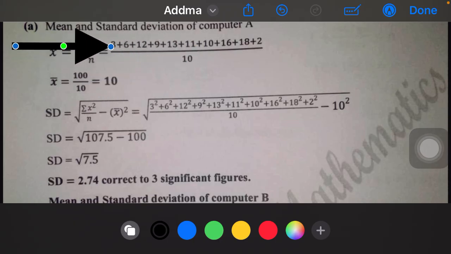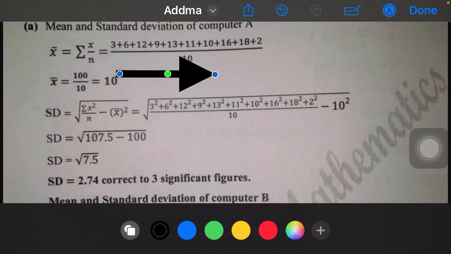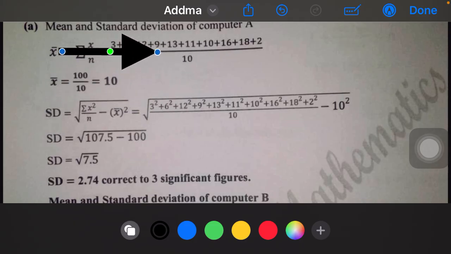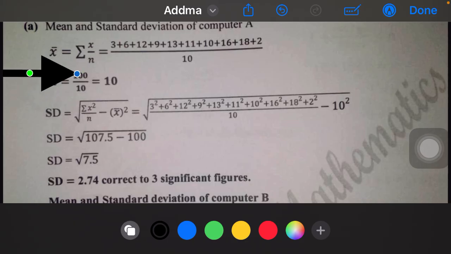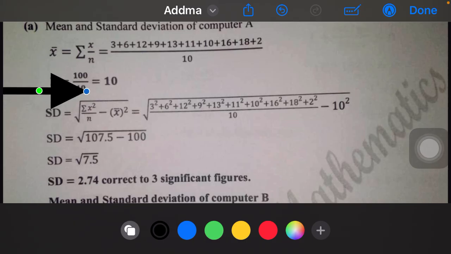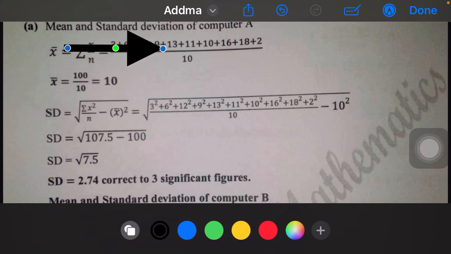You simply get all the terms given, add them, then divide by the total. After you do that, punching in your calculator, you're going to have 100 on top. There are 10 trials, so after dividing, you're going to have 10. So our mean is equal to 10. That's how you find the mean.